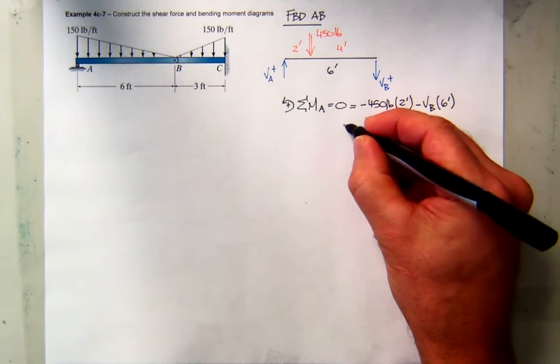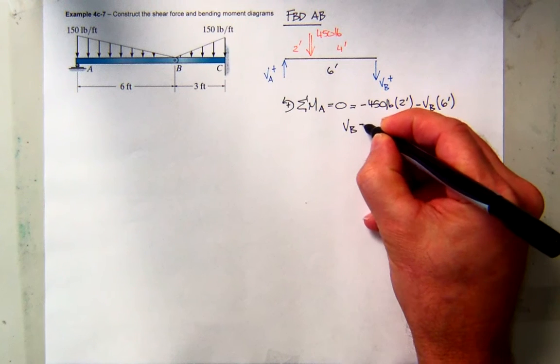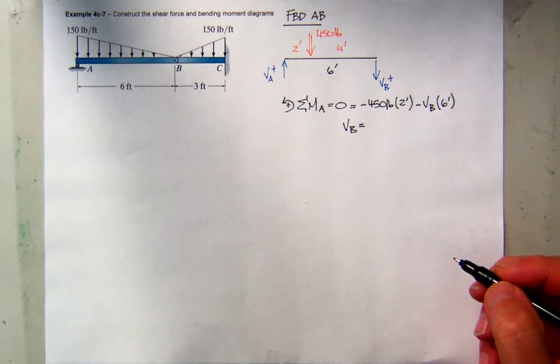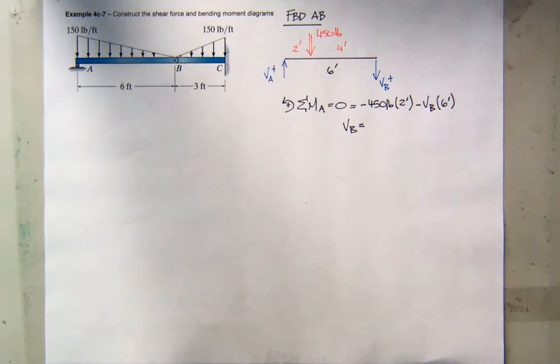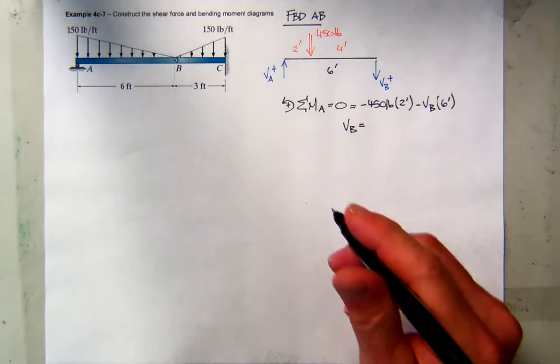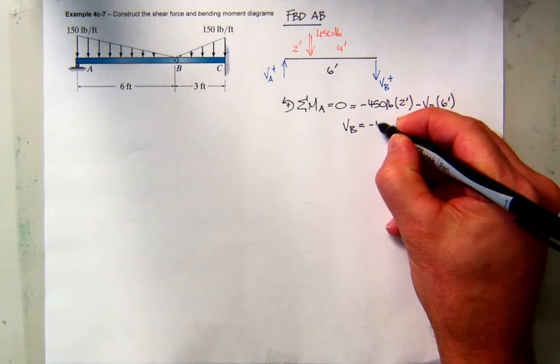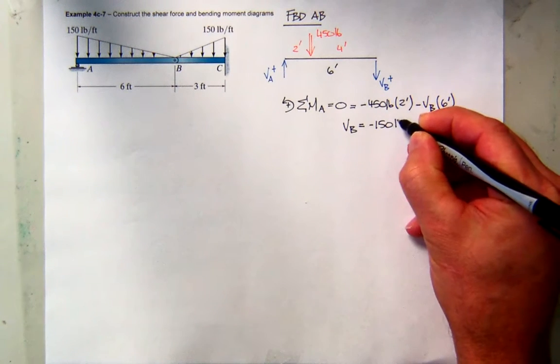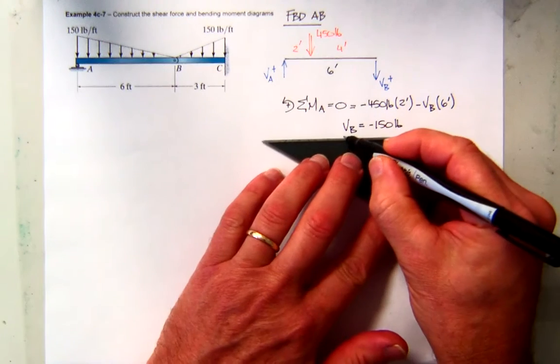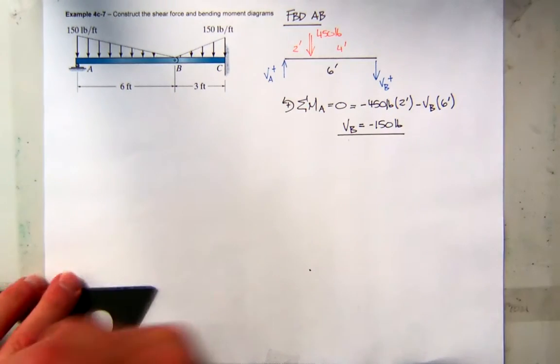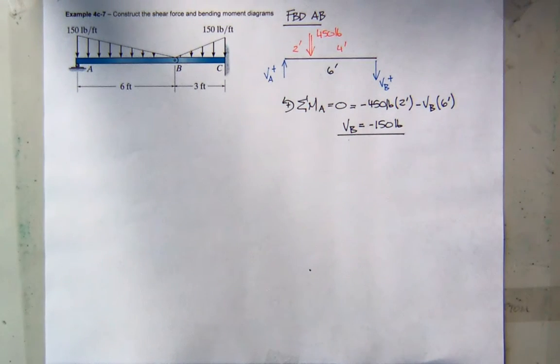So I should be able to solve for the shear at B, and I think it comes out negative. 150 pounds? So that means the shear at B is positive or negative? Negative.